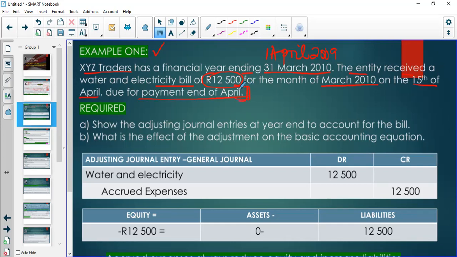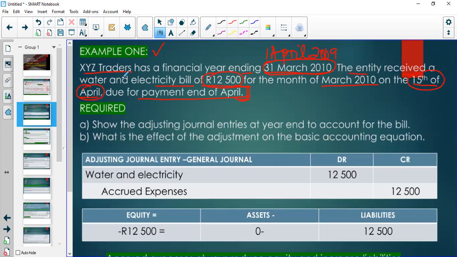When we record transactions using source documents, by 31 March 2010 we had not yet recorded this transaction. This is because we didn't have the source document, but eventually we received it on the 15th of April, and we had already closed the year.